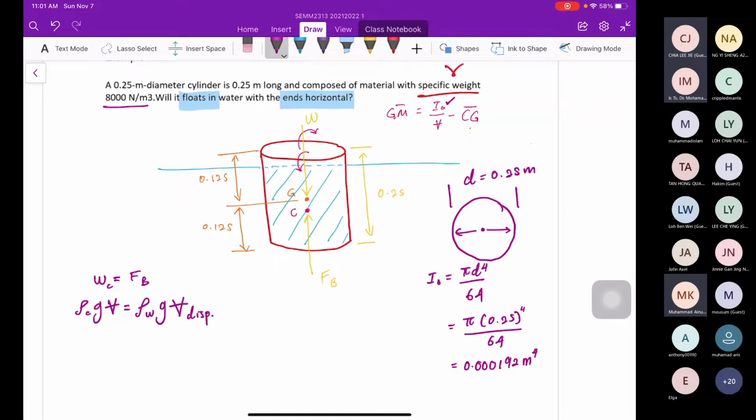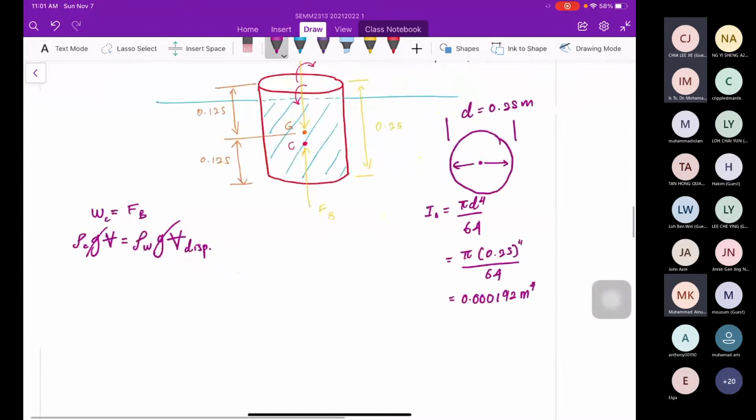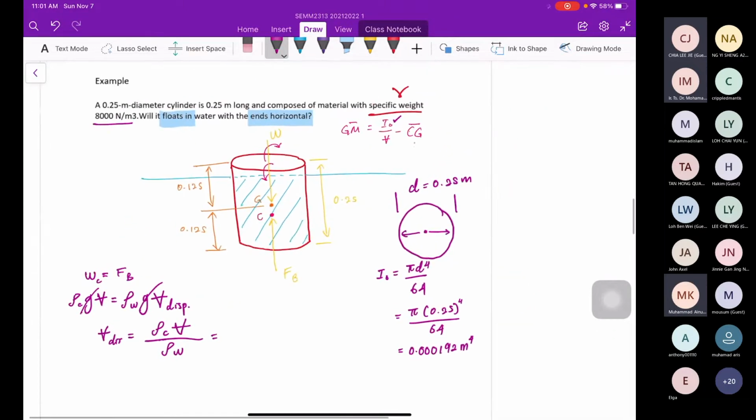Alright, so G and G we can cancel out. So now we can get the V displaced equal to rho of the cylinder multiply with the volume of the cylinder divide with the density of the water. Sorry, I think this is not the density. This is the gamma.